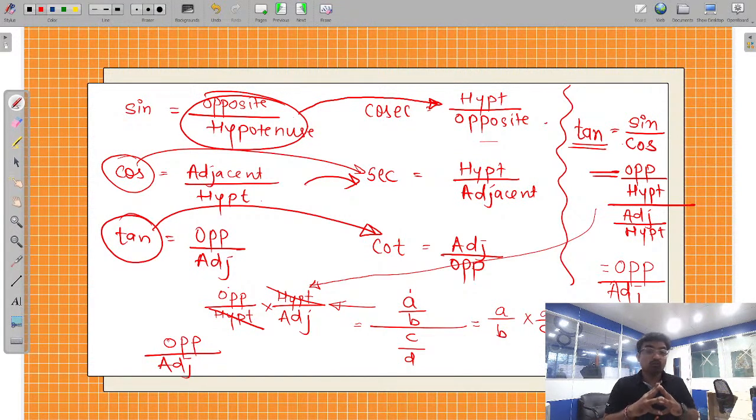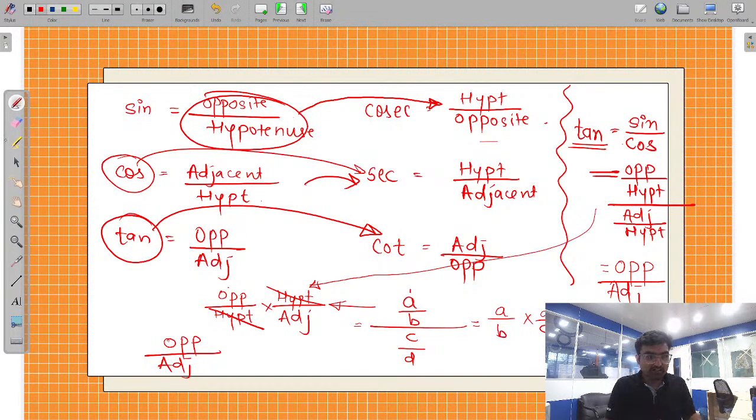Fine. Now how to remember which ratio is reciprocal of which? Because at first these names seem a lot the same and confusing. When you are listening to it for the first time, trust me, it will be very confusing.